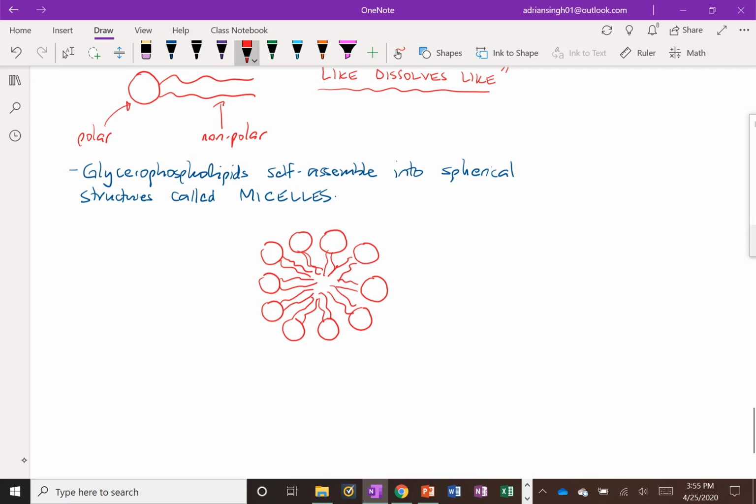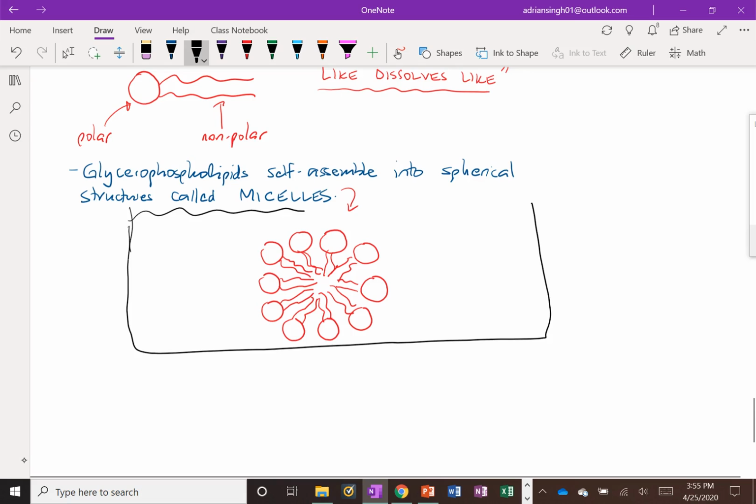That is what a micelle actually looks like. The way that it's arranged should now make a little bit of sense to you. So imagine that this thing is in a big bucket or container of water. We have a bunch of H2O, which remember is polar.